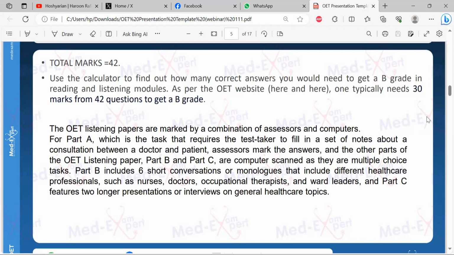Part B includes 6 short conversations and monologues that include different healthcare professionals such as nurses, doctors, occupational therapists, and ward leaders. And part C features 2 longer presentations or interviews on general healthcare topics. So this is the brief overview of OET listening.